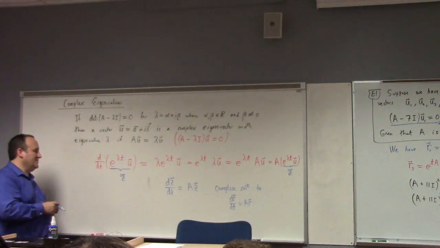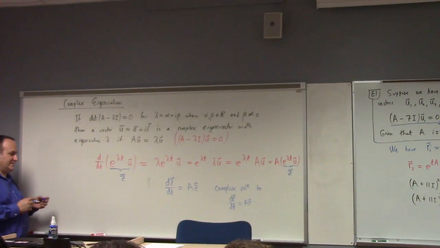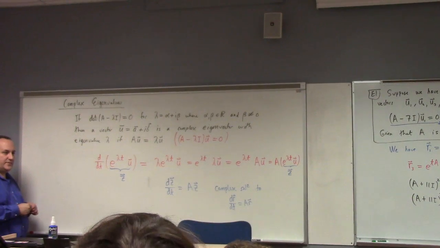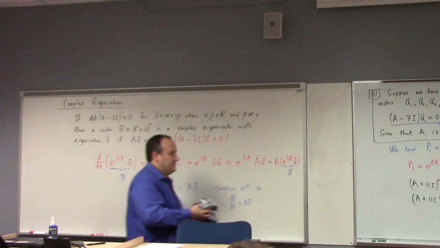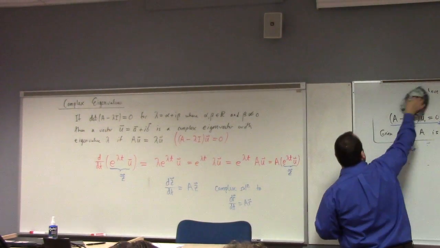Now, you might wonder, how is this any different than what we've already done? Well, the devil's in the details, because here, e to the lambda t and u are both complex valued.